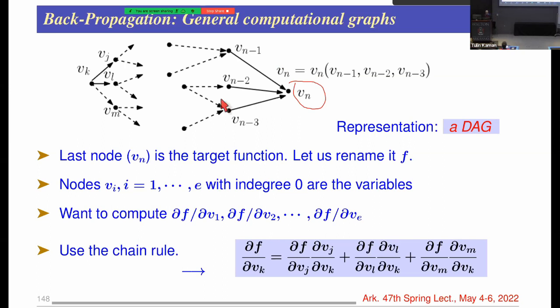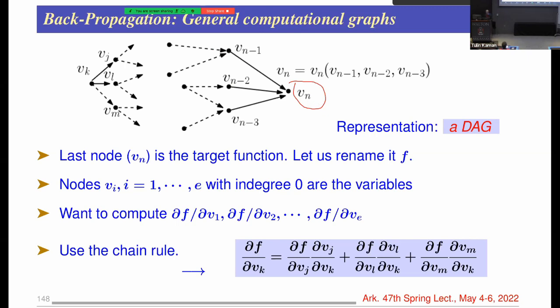How do I get those? Okay, so the first task is to go forward to evaluate the nodes. This is easy, right? You just go and evaluate the nodes one by one by using these dependencies. So this one will depend on these two, this one will depend on that, etc. Then you can come to reach here. Now all the nodes have been evaluated, right? All the values have been evaluated.